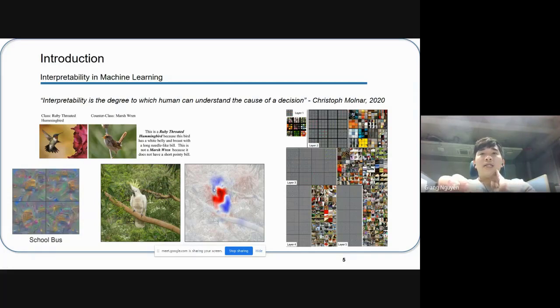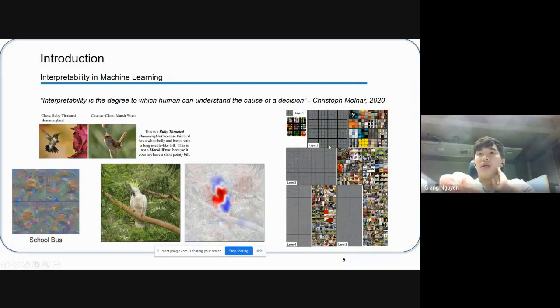In this work, they highlight the evidence for and against a prediction. In this picture they predict a cockatoo. Actually, I don't know what a cockatoo is, but it's a kind of bird. The red dots are the evidence that supports this prediction, and the blue dots are against it, meaning they contradict the prediction.